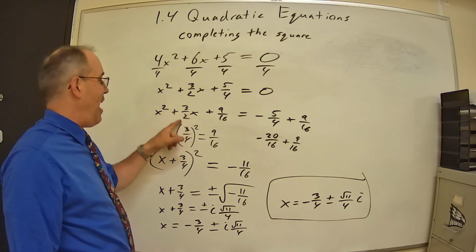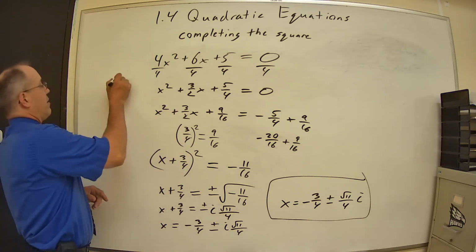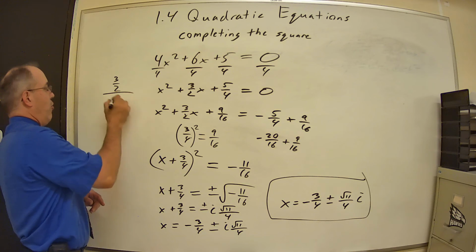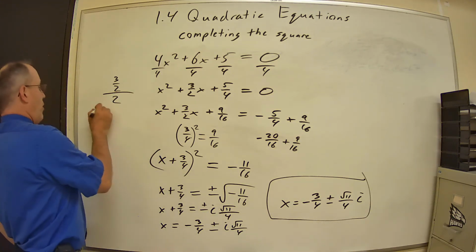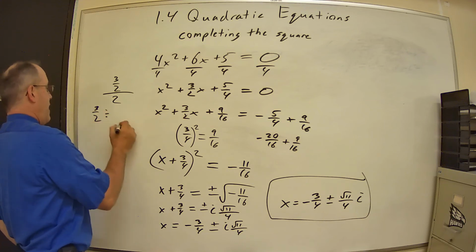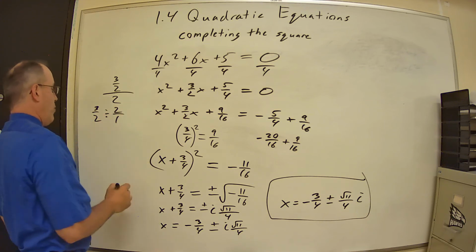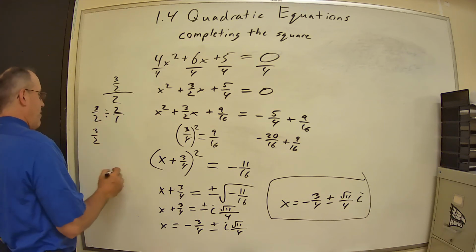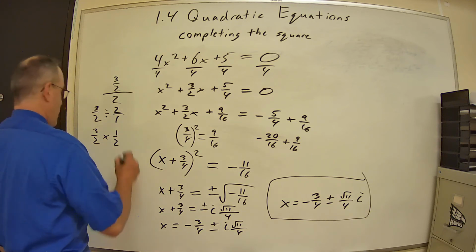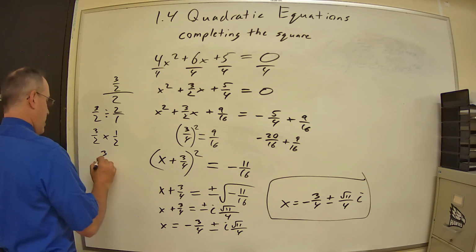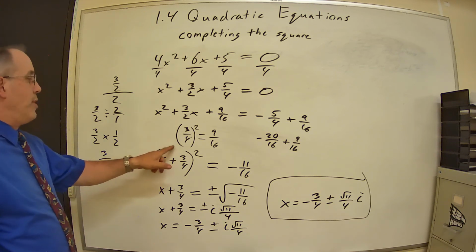So we take half of this, 3/2 over 2, right? Or 3/2 divided by 2 over 1, which is 3/2 times 1 over 2, which gives us 3/4. That's what we did to get this value.